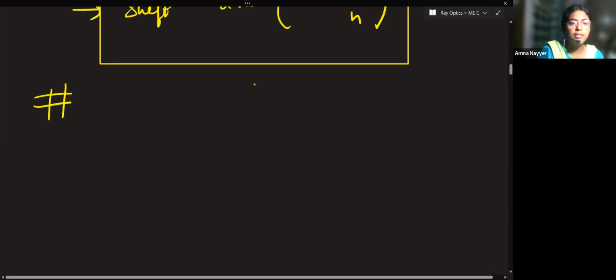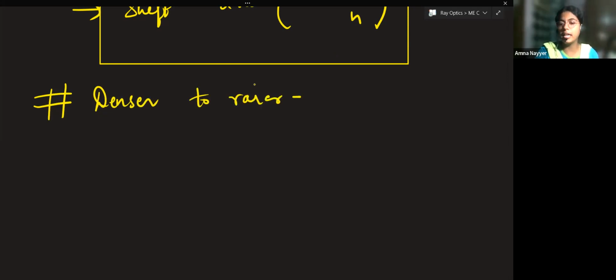If light rays travel from denser to rarer, the way it was traveling right now, your real depth becomes greater than apparent depth.